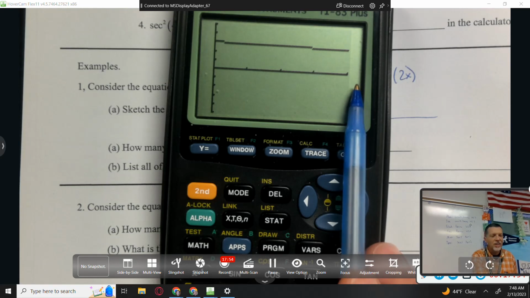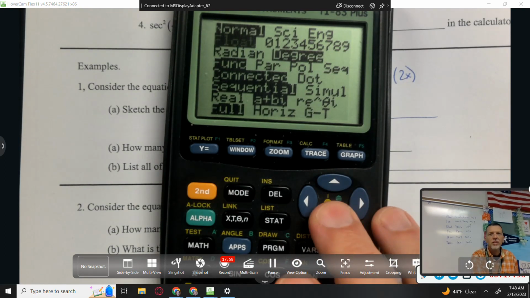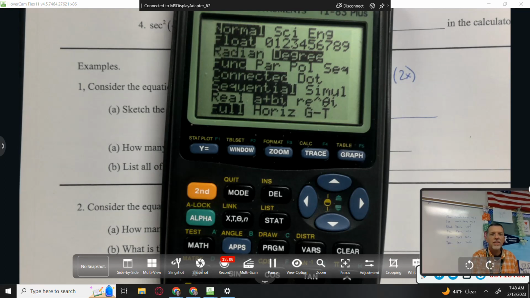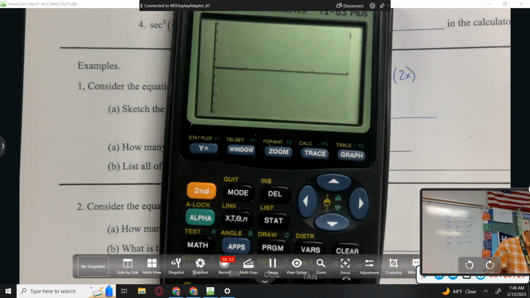So I'm guessing I'm in degrees. I'm supposed to be in radians. If you get a relatively flat graph, it's probably because you're in degrees, because 0 to 6 degrees isn't very much. Let's see if this looks better. There we go.